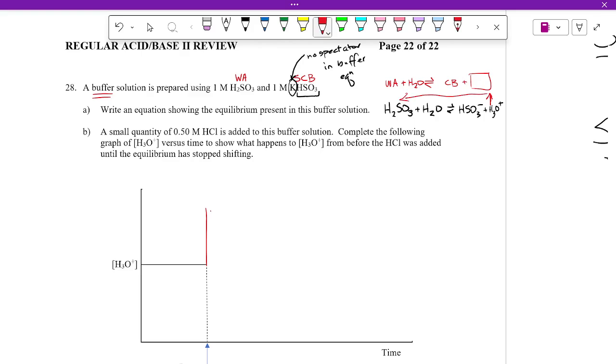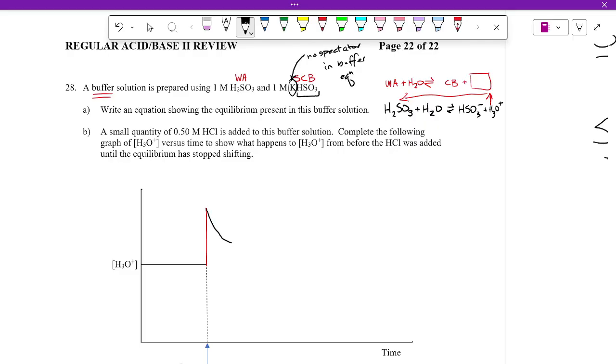Is it going to go down like this? Like this? Like this? What's it going to do? Which of those three? 1, 2, or 3? 3. Excellent. Remember, steep, shallow, flat.